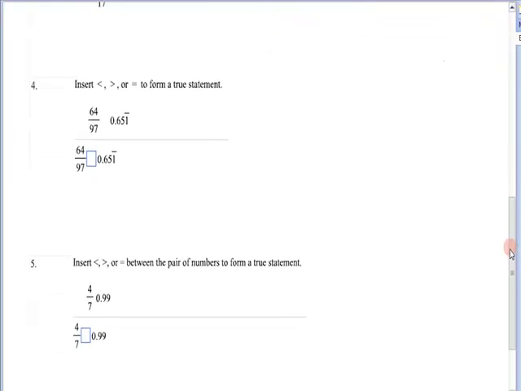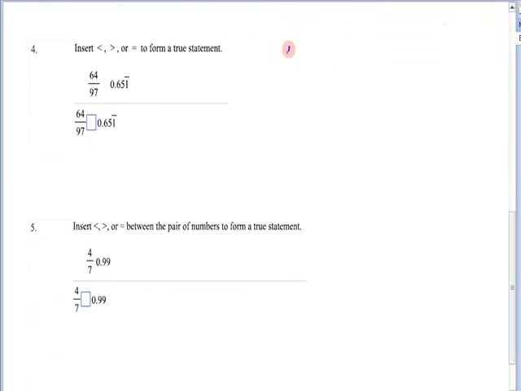All right, let's look at the next one. I have 64 over 97, which I will do 64 divided by 97, and I'm getting approximately 0.65979381444, and I don't know exactly where the repeating pattern starts. It will repeat.